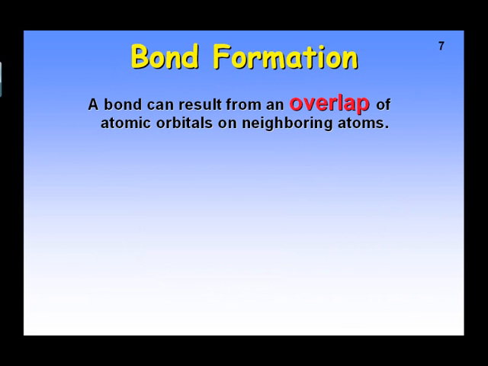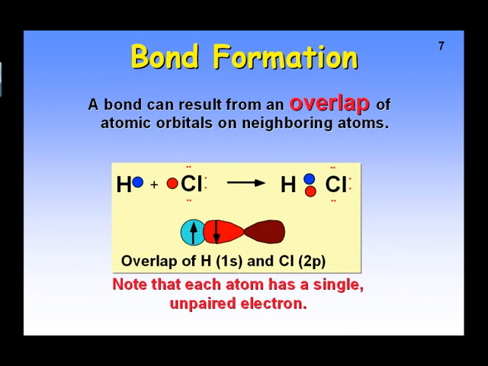Now, when a bond forms, you actually get orbitals overlapping. So in this HCl molecule, you'll get the orbital of Cl overlapping with the orbital of the hydrogen, and then the electrons in the bond occupy that overlapping space, as seen in this picture.